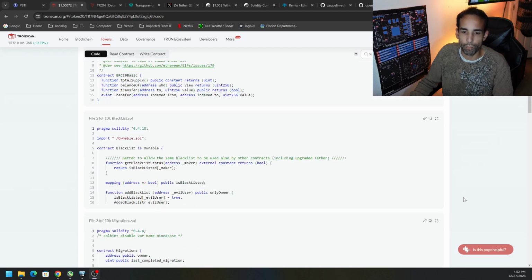But what's important to me is the ownable aspect, or the ownership capabilities here on the TRC20. And while talking to my colleagues and looking at USDT on a number of different networks, Binance Smart Chain, Ethereum, we found that some of the same functions I want to urge caution about are also on there. So one is ownership.